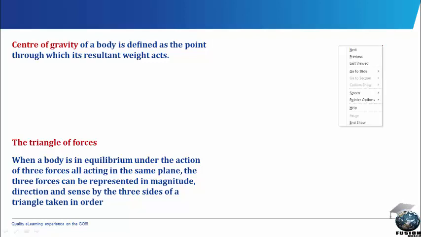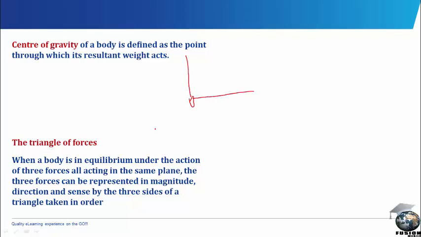What do we mean by that? The rule says that when a body is in equilibrium under the action of three forces, a certain body here is in equilibrium under the action of three forces. This is a force F1, this is another force F2, and this is another force F3, all acting in the same plane.